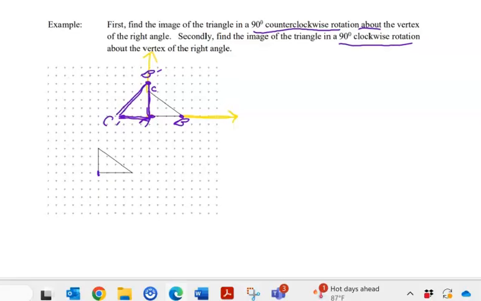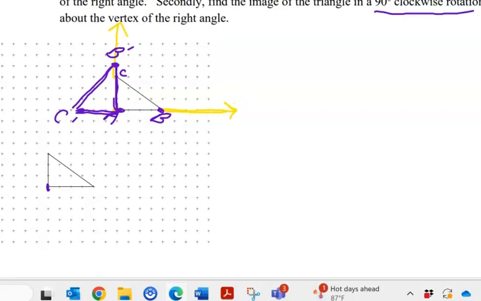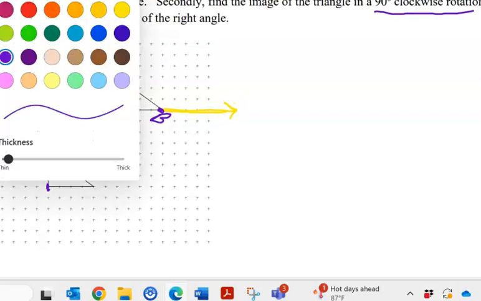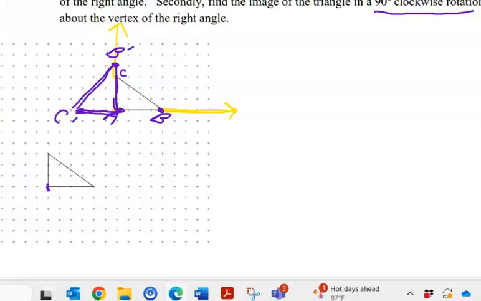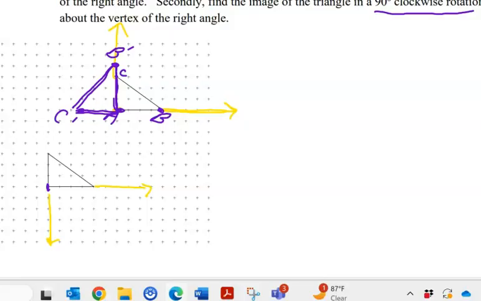And let's do that one more time, but now let's do it on this triangle below. And now we're going to go 90 degrees clockwise. So again, I'm going to think about 90 degrees. But now I'm going to draw downward, and you're going to extend those sides in the direction you're going.